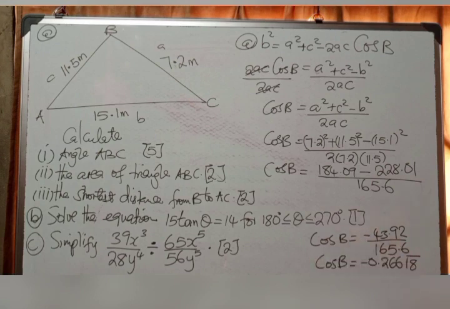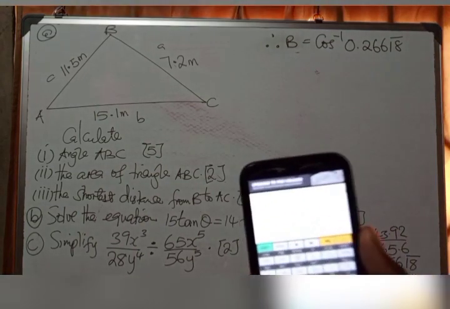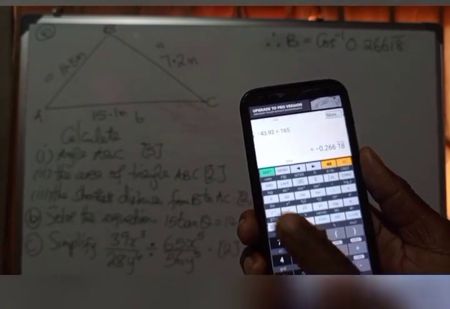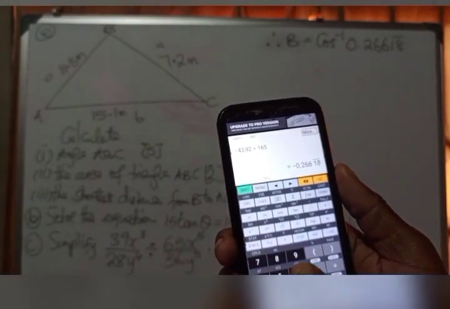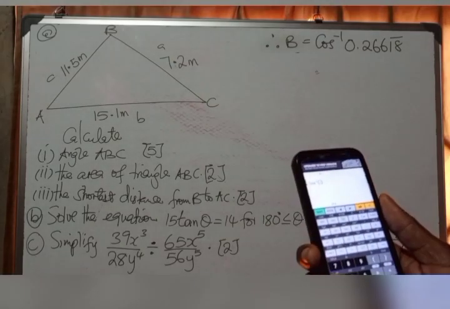So to come up with the angle B, you are going to find the inverse. How to find an inverse: you go to your shift, then you punch on cos. That inverse will come.